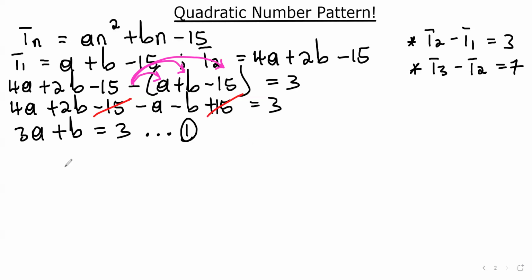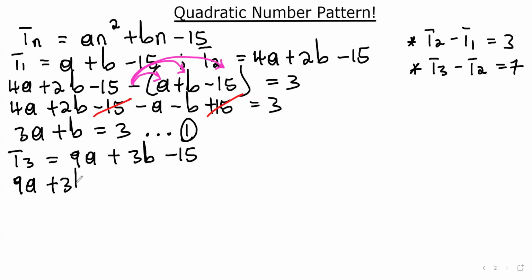Right. So now we come back and find the value of term number 3. If we substitute a 3 there, 3 squared is 9. And here we have 3b minus 15, all right? So now we take this term number 3, which is 9a plus 3b minus 15, and then we say minus term number 2, right?